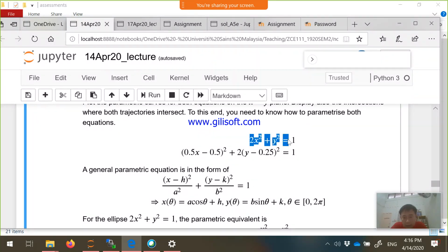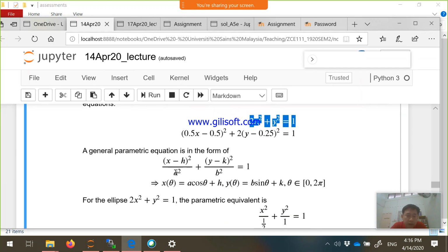Let's just look at this equation. This is an ellipse. Now, an ellipse in general has this form. This is the general elliptic equation. An elliptic equation is basically described by three different quantities.